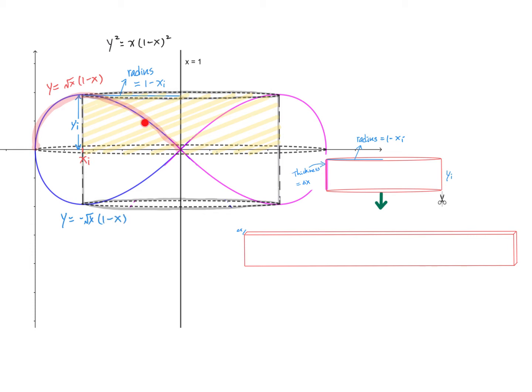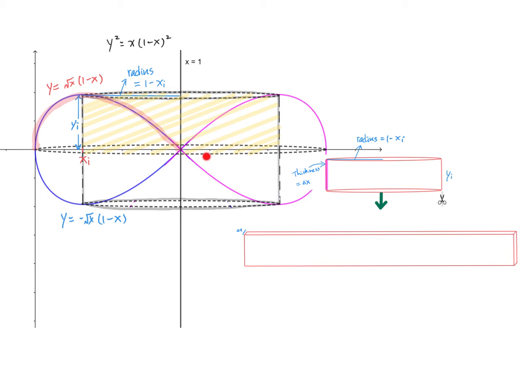The formation of this cylinder actually comes from two different curves. The part which is above the x-axis comes from the positive part of this curve, which is the equation y = root x times (1 - x).